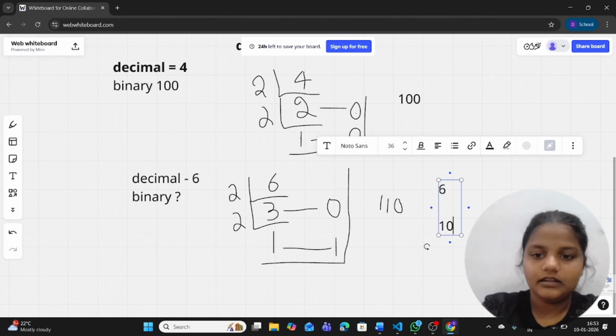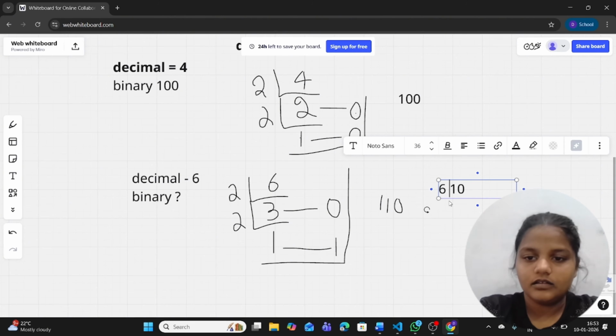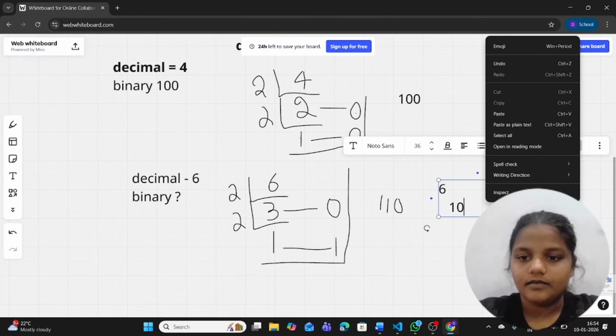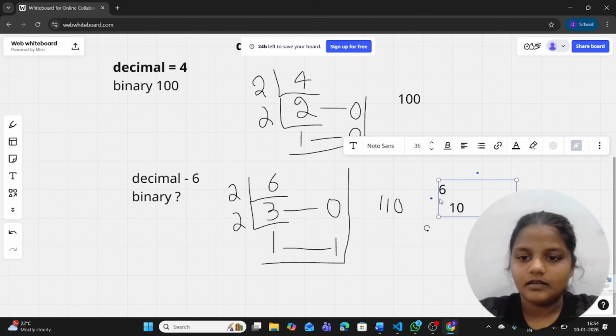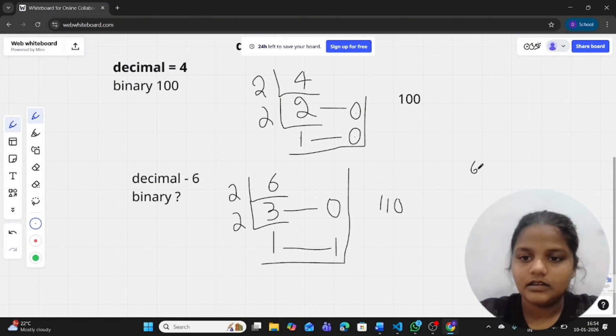So this 6 with the base 10 is equal to 1 1 0 in binary.